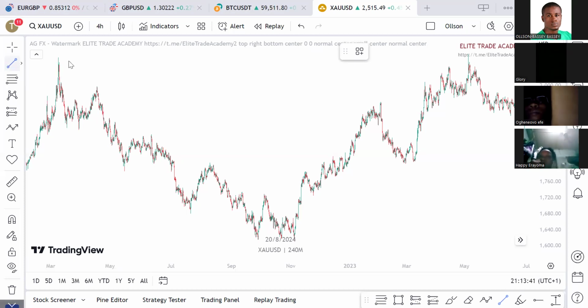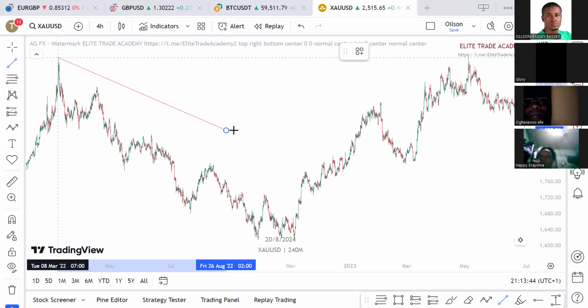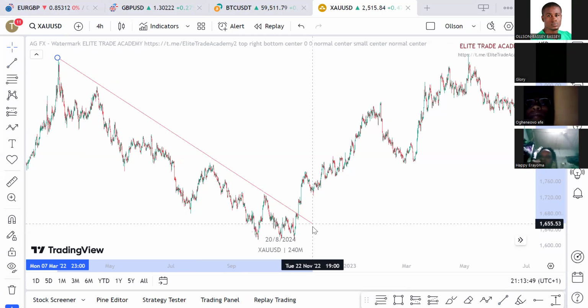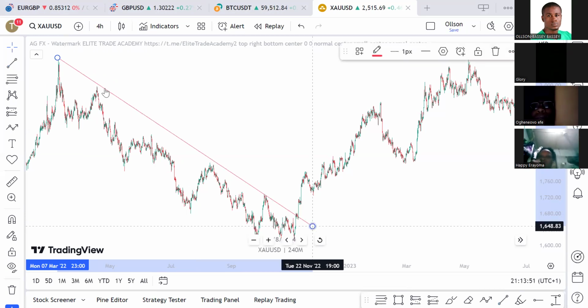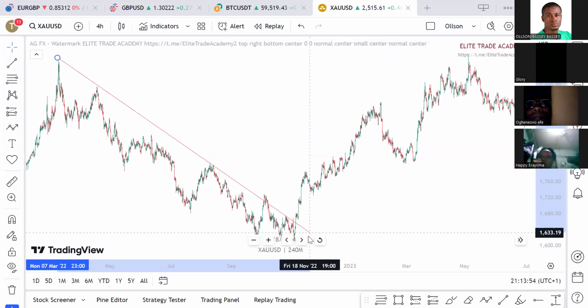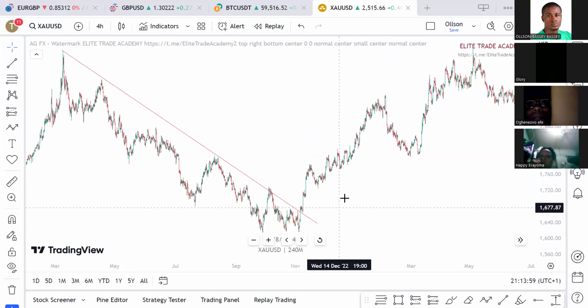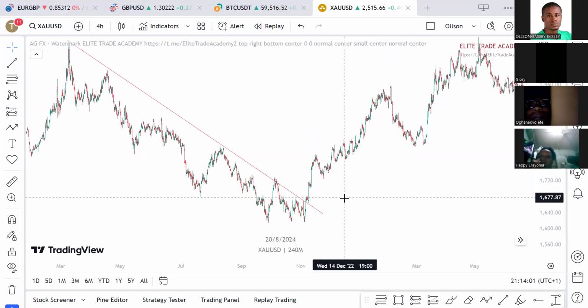If I use my trend line, I could easily spot this and see, oh, price is in a downtrend. As long as this price has not gone above this trend line, we are still bearish, okay? As long as this price has not gone above this trend line, we are still bearish.